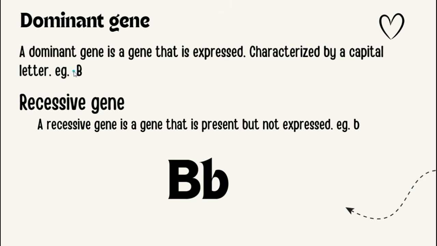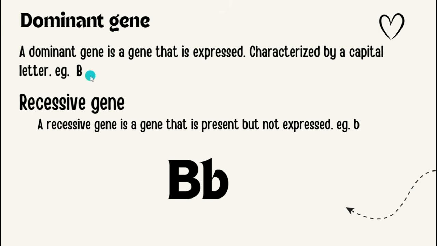I'm going to make it represent black hair, right? But if you get a question or something like that, you might see a big R for red flowers and a little r for white flowers. It depends on the question, it depends on the gene and all that stuff. But in this example, just know that the dominant gene is always the capital letter and the recessive gene is always the smaller, the small letter.